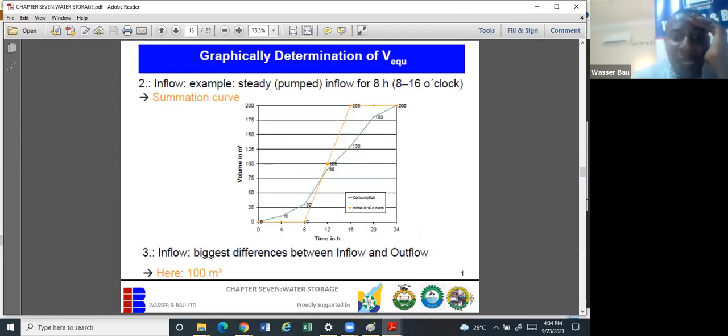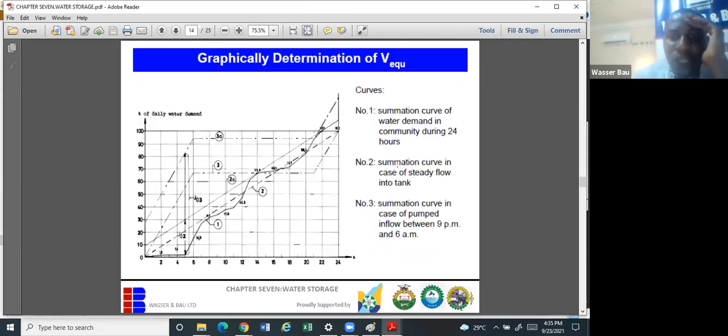Whereas if you go further, for 16 hours pumping, for another 8 hours pumping, between 8 o'clock and 16 o'clock, you're going to have a smaller tank of 100. If you move further, you get another size. So it does depend on the maximum and the minimum inflow.